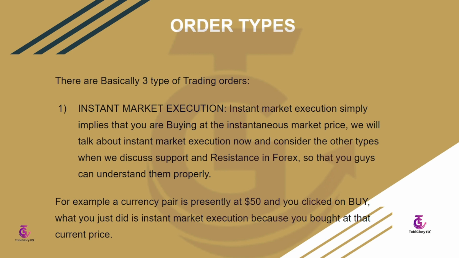For example, a currency pair is presently at $50 and you click on buy. What you just did is instant market execution, because you bought at the current price. I will explain this further.